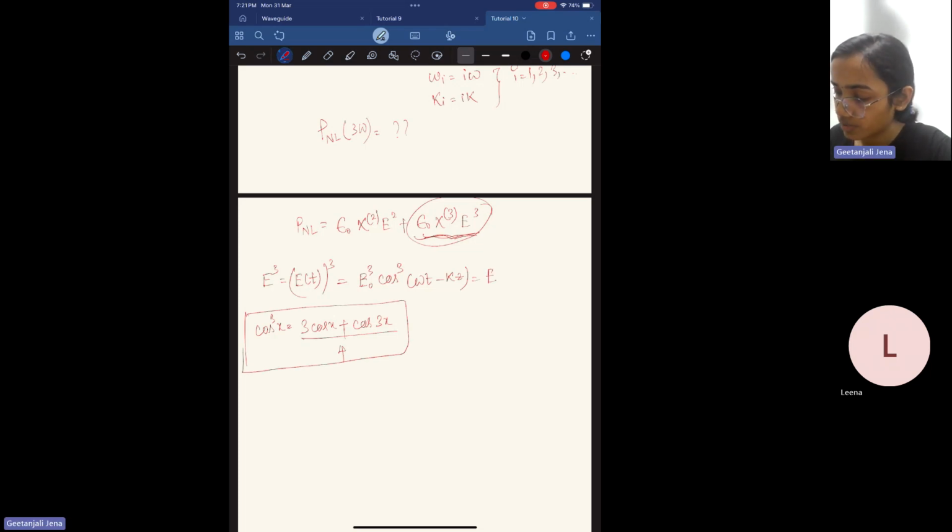So we can directly use this: E cubed is E0 cubed by 4 times (3 cos(omega t minus kz) plus cos 3x, which is cos(3 omega t minus 3 kz)).